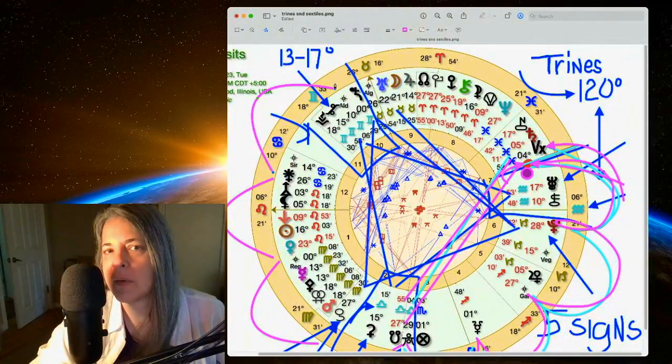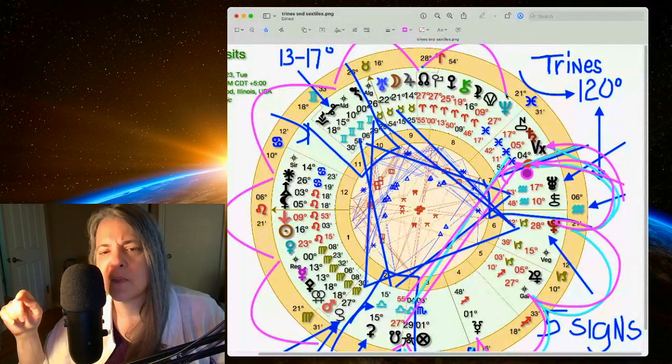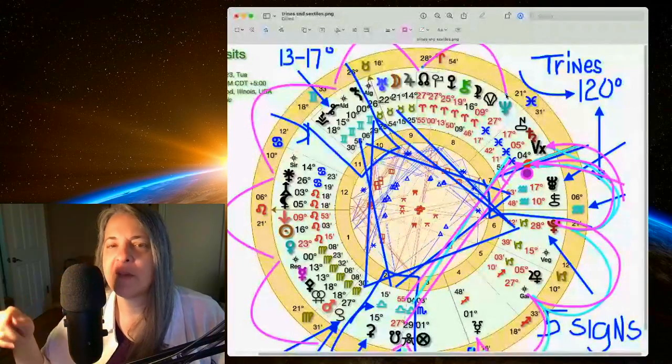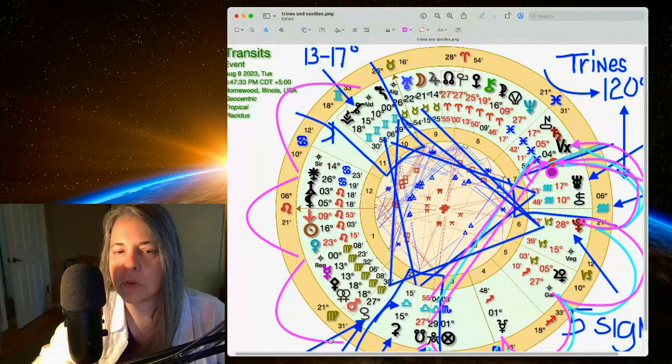It's 5 signs away. 4, 5. Do you see that? That's an opposition. 1, 2, 3, 4, 5 was Taurus. My bad. Let me go back. Let's do this over again so it makes sense.